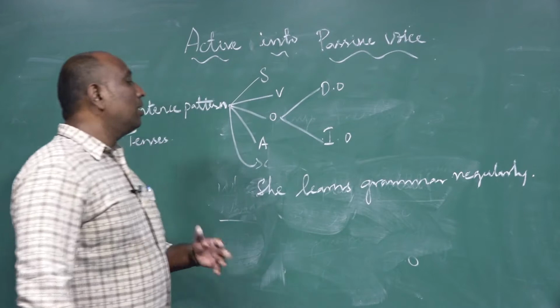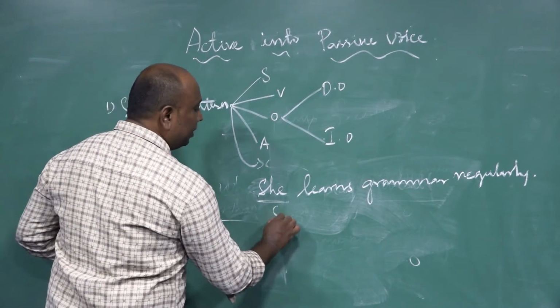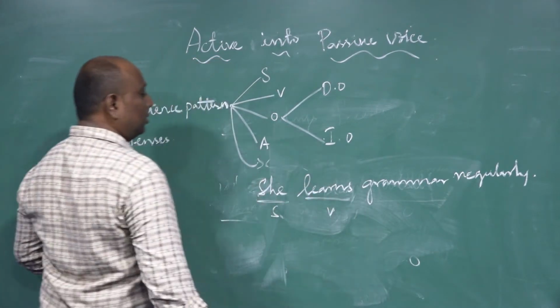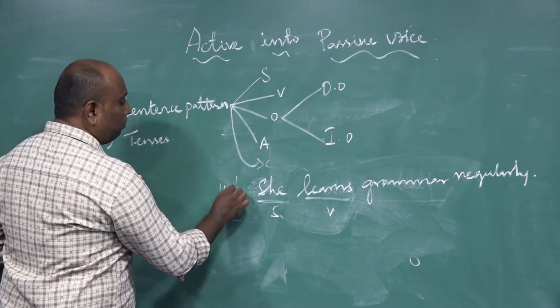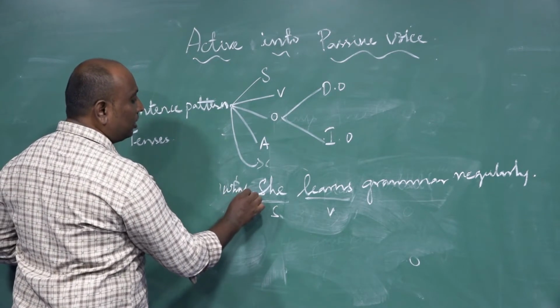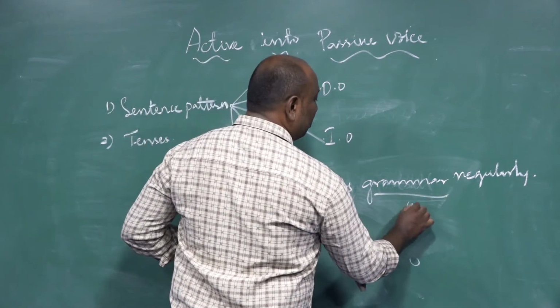She learns grammar regularly. Look at this. This is the subject. Learns is the action done by the subject. So write the question word: what she learns? Grammar. So this is the object.